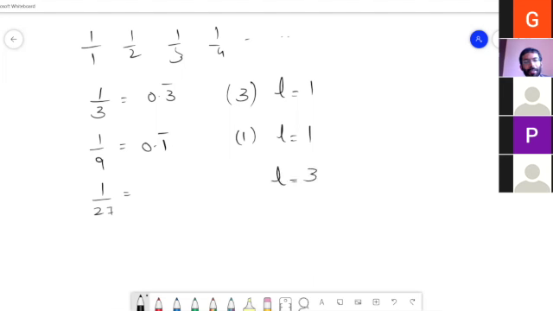I don't know the decimal representation here. Next, if you take the next power of 3, it is 81. The length of the repeating block here happens to be 9. So here we can see some interesting pattern, the length of the repeating.